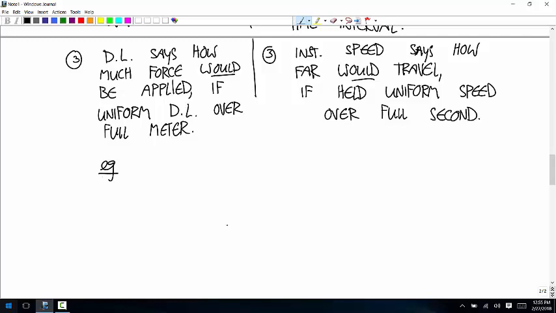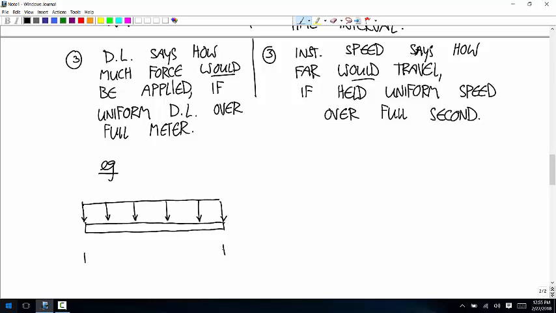The idea with a distributed load is if you have a beam and a distributed load like this, let's say that this length is 1 meter, and this distributed load is 2,000 newtons per meter.